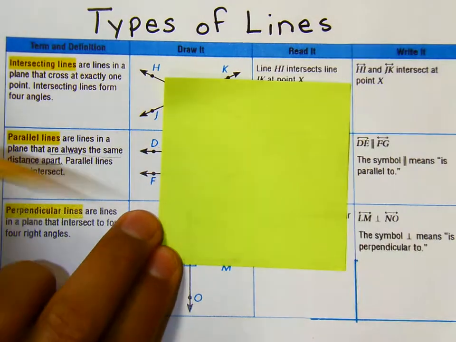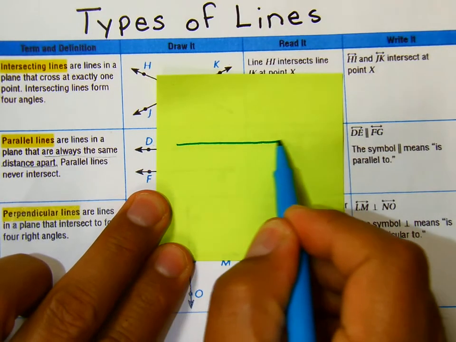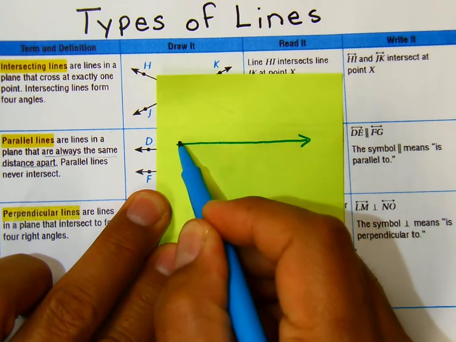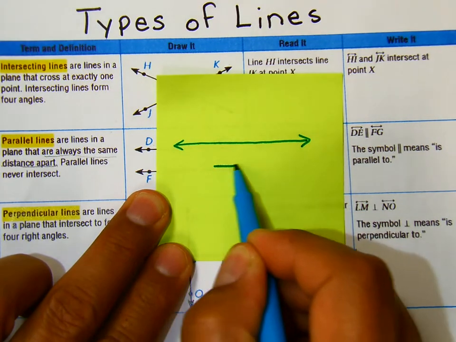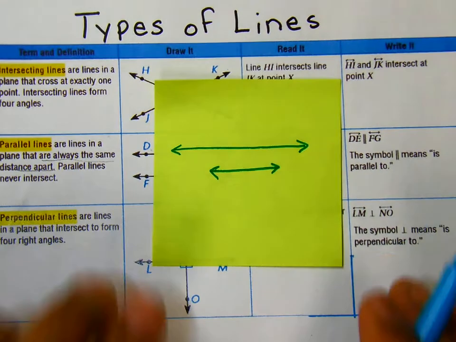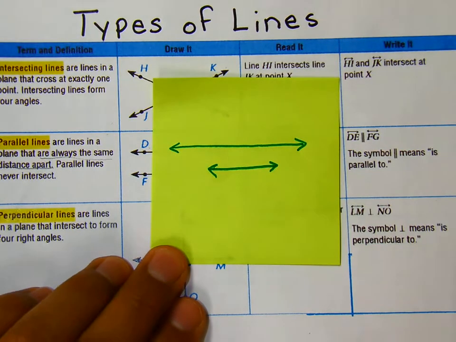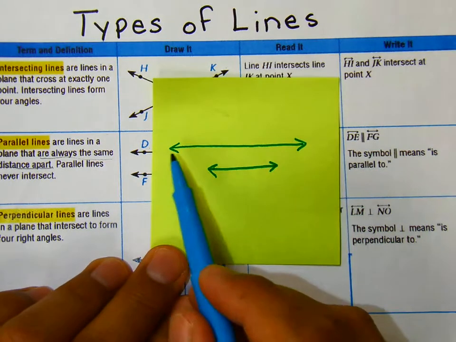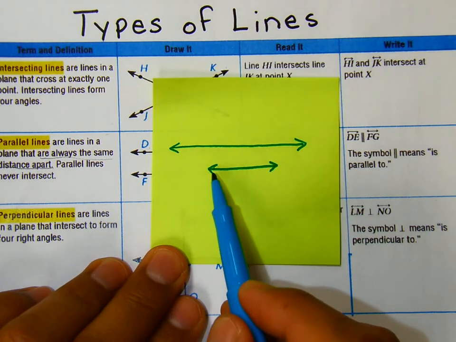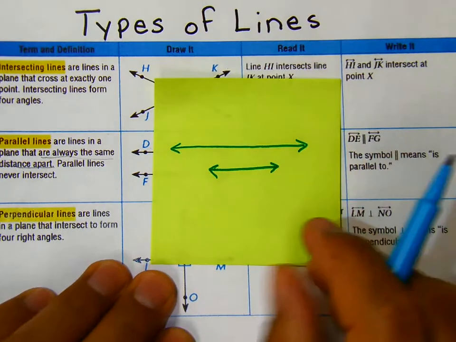All right, if I have two lines that are not the same size, let's say I have this line this long and a line that long, those two lines are still parallel because they're the same distance apart throughout. So that would make them parallel. Even though they're not the same length, they're still parallel lines because they're the same distance apart.